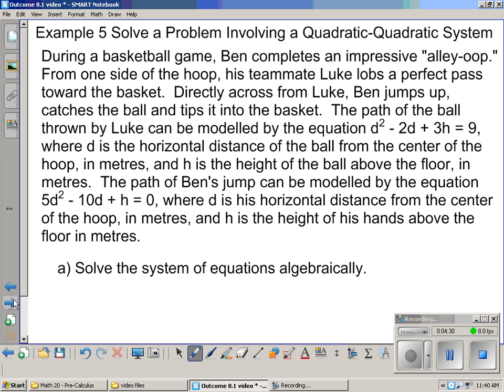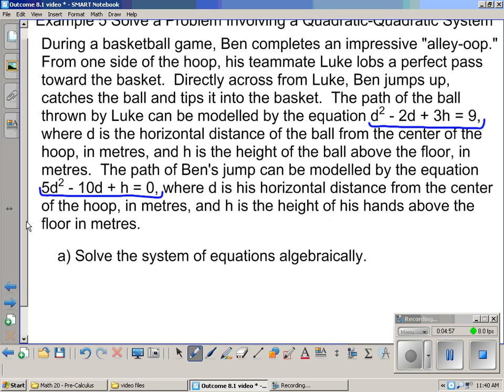The path of the ball thrown by Luke can be modeled by the equation d squared minus 2d plus 3h equals 9, where d is the horizontal distance of the ball from the center of the hoop, and h is the height of the ball. The path of Ben's jump can be modeled by the equation 5d squared minus 10d plus h. Solve the system of equations algebraically.